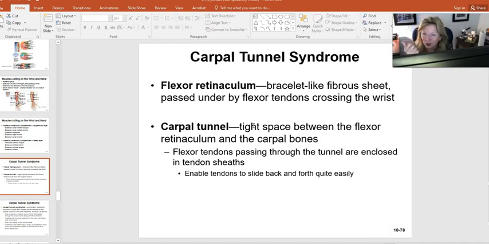The carpal bones are the wrist bones. So that's a very tight little space for a lot of very important structures coming through. And if that ends up becoming inflamed and swollen, we call this carpal tunnel syndrome.